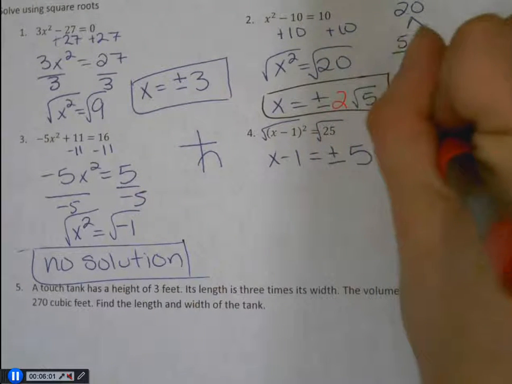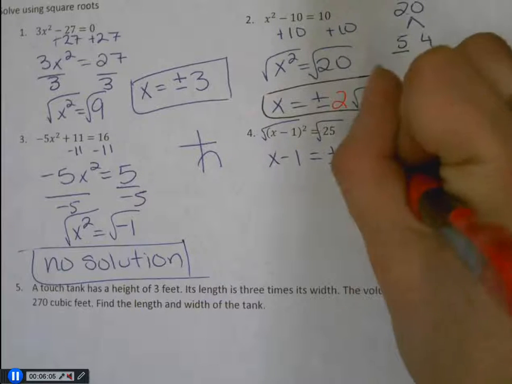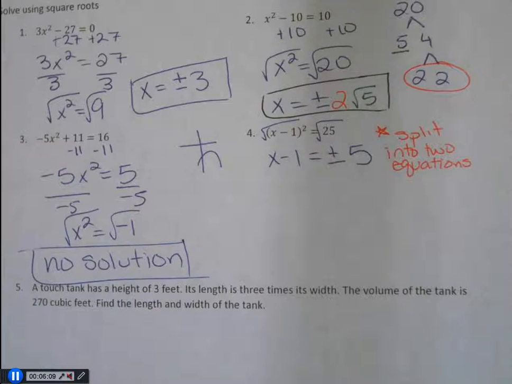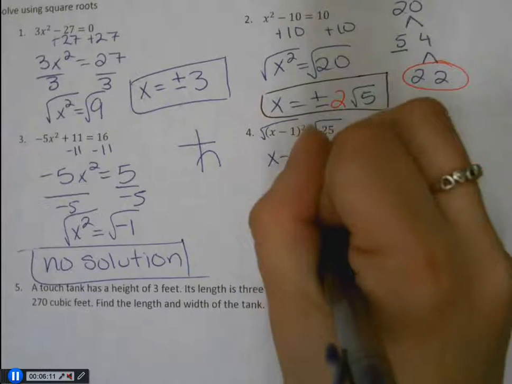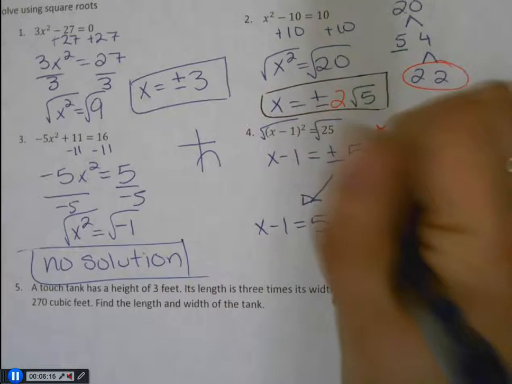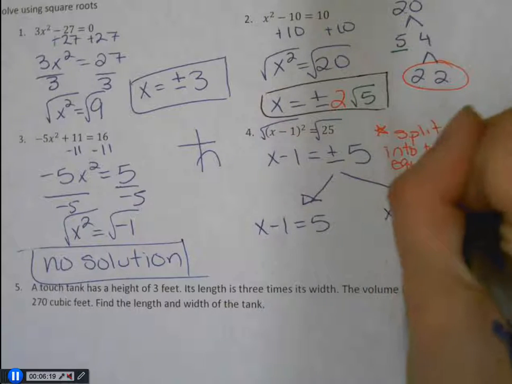From here, I'm going to split it into 2 equations. So, I'm going to have x minus 1 equals positive 5, and then I'm going to have x minus 1 equals negative 5.